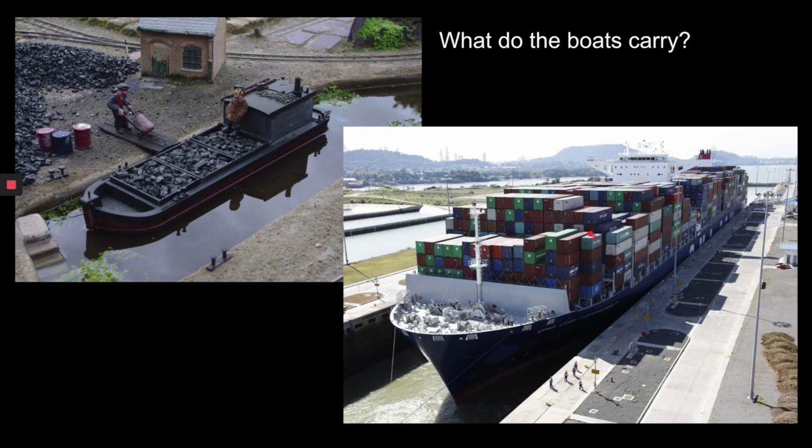These are called shipping containers. Now, each of these little rectangles looks really small, but they're big enough that some people actually live in them. They're huge, if you think about the size of these boats. So the ships that go through the Panama Canal tend to carry goods and lots of shipping containers.